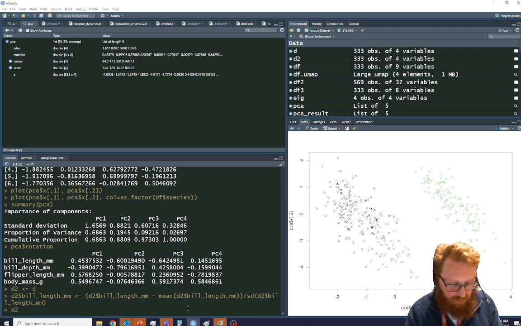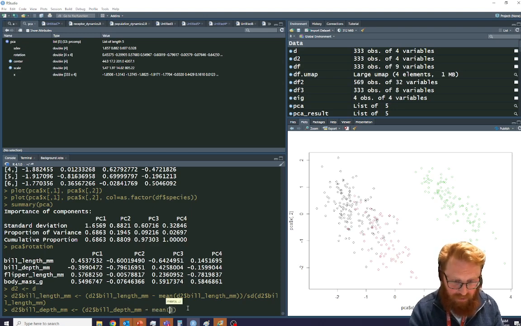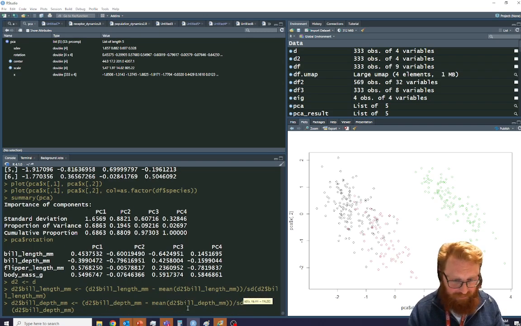So if we go D2 dollar bill depth, that is now going to be that value minus its mean divided by its standard deviation.